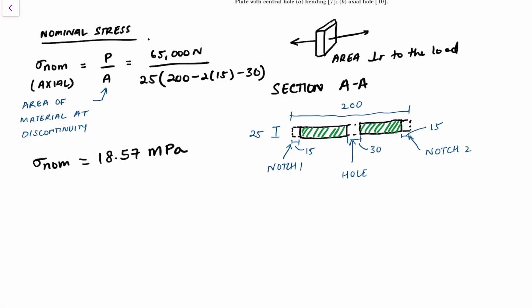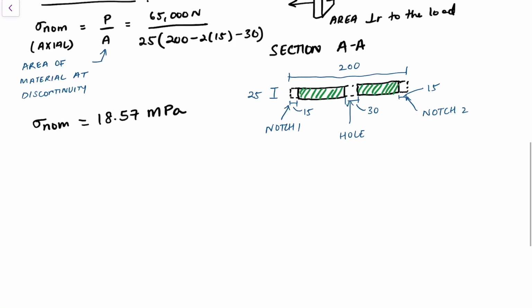All right. So now that we have the nominal stress, and this applies to that point that has both the hole and the notch, what we can do next is calculate the maximum stress.